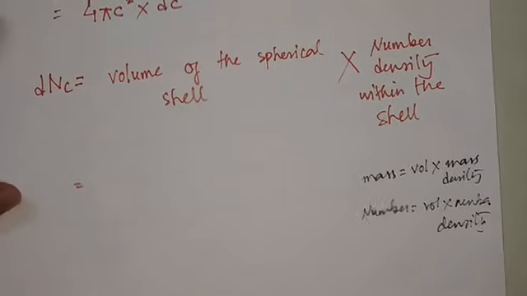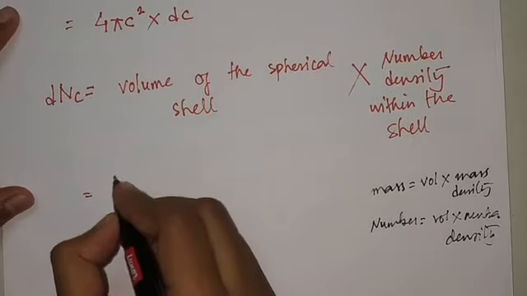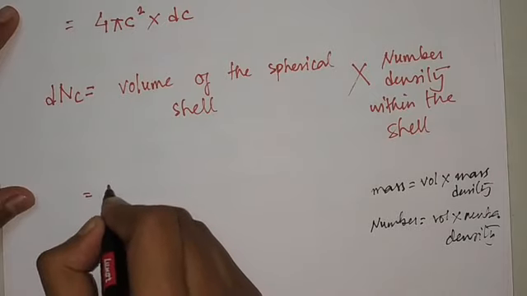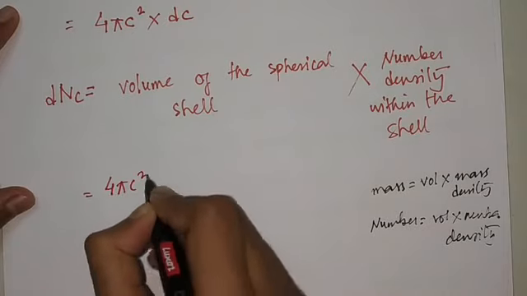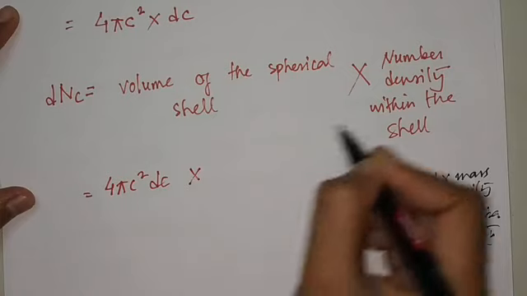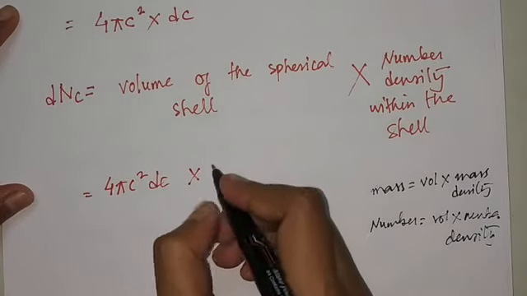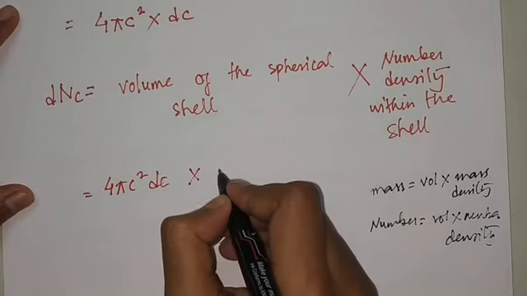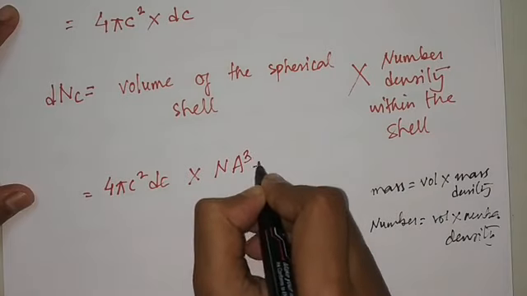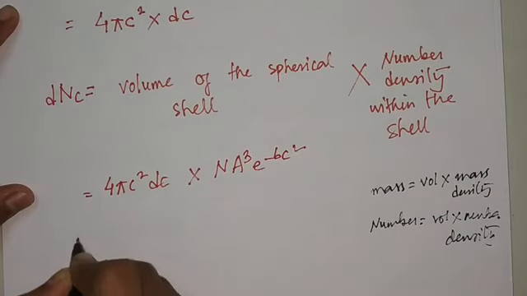Okay, so therefore we'll put the volume of the spherical shell, which is 4 pi c square dc, into the number density within the shell, which is n a cube e to the power minus b c square.